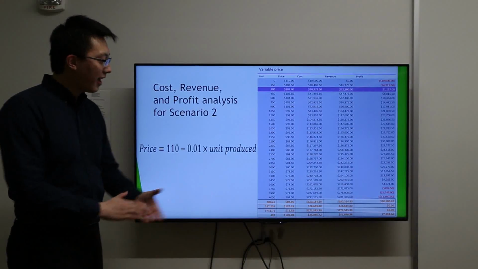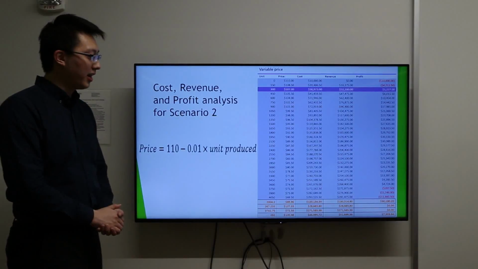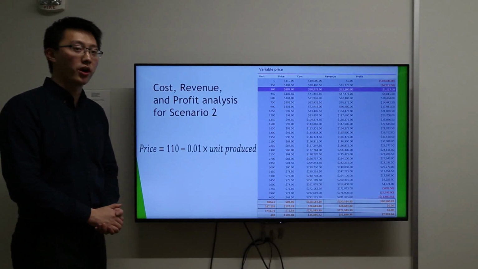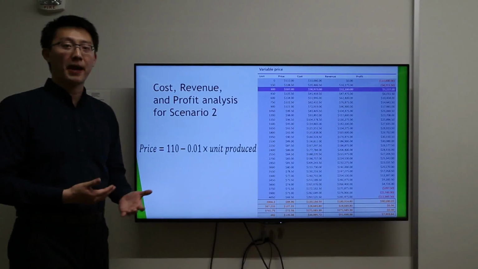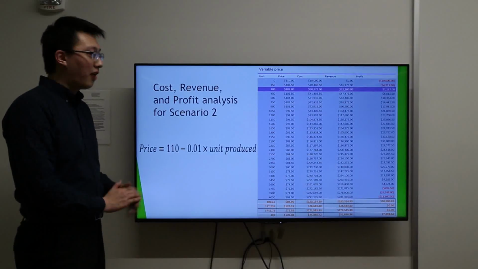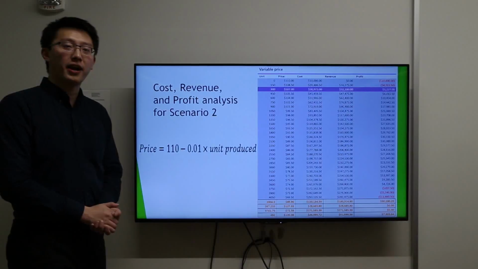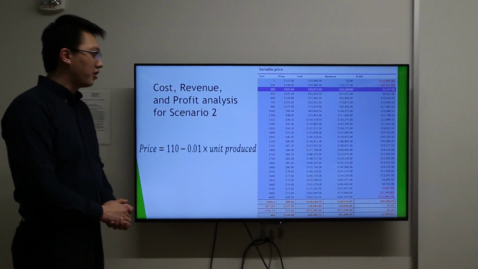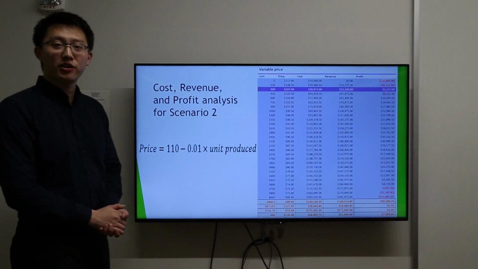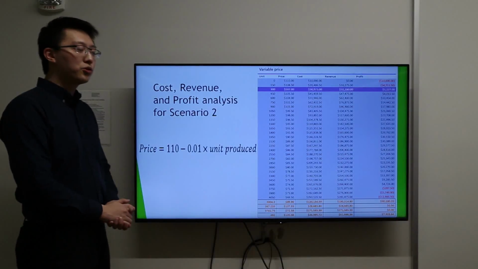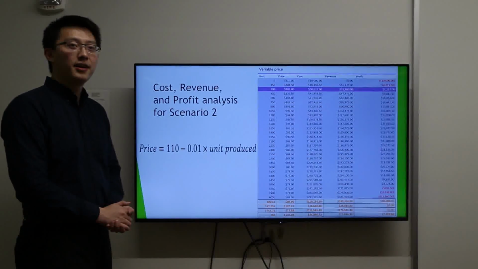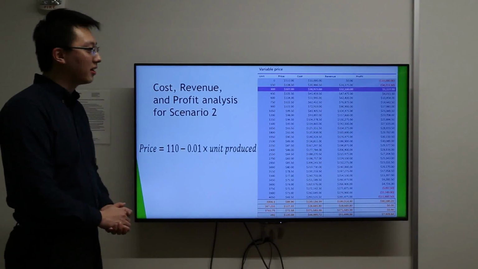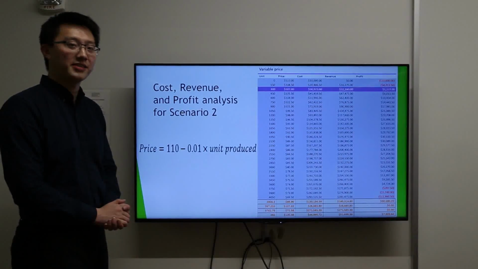As you can see, after 267 units were produced, we were able to reach the break-even point, which gives us a better payback period. And of course, this scenario provides the maximum profit. After 2,005 units were sold, we're able to have above $30,000 as our profit.